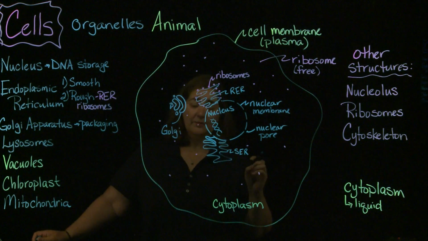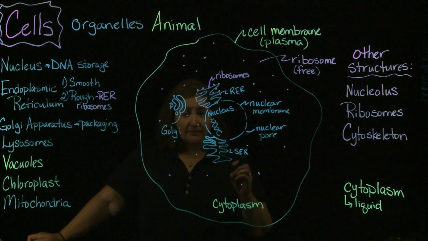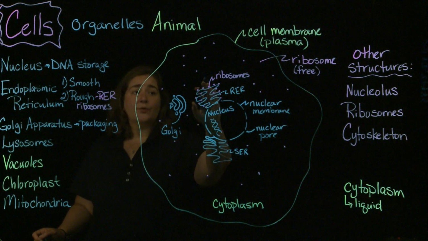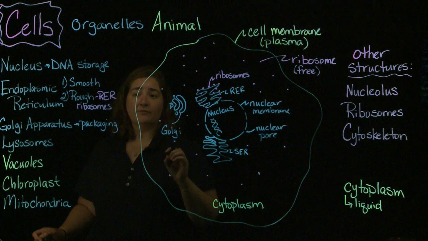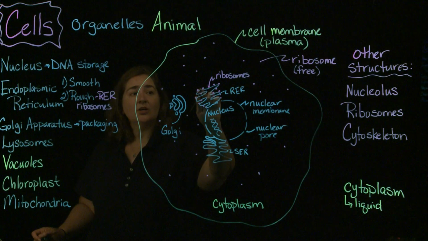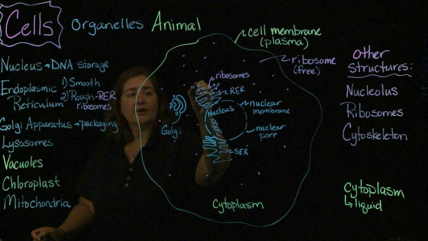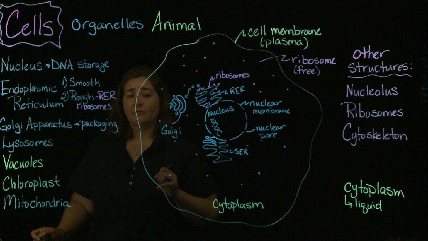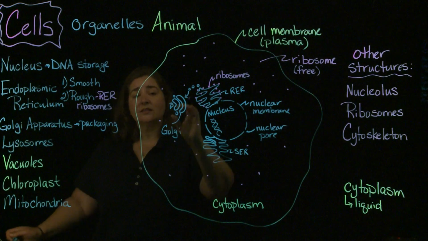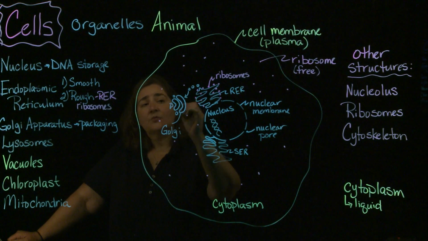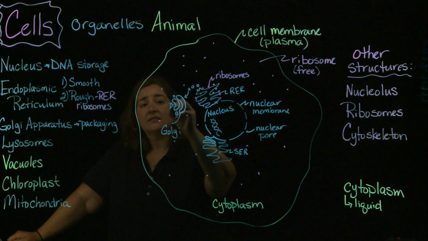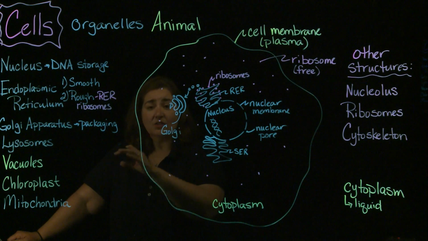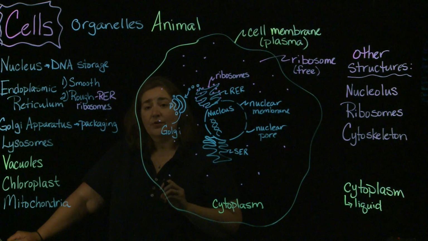So what's going to happen inside our cell? You're going to have proteins that are made in the rough endoplasmic reticulum. You're going to have parts of that membrane that are going to bud off, and they're going to migrate to the Golgi apparatus. The Golgi apparatus then is going to take those proteins and package them and send them where they need to go within the cell.